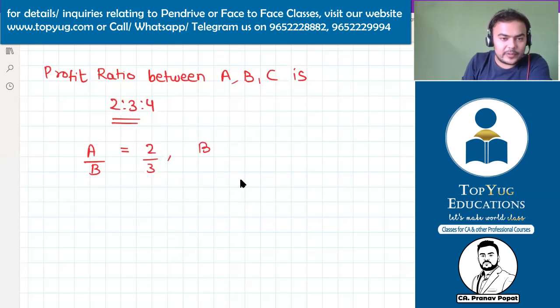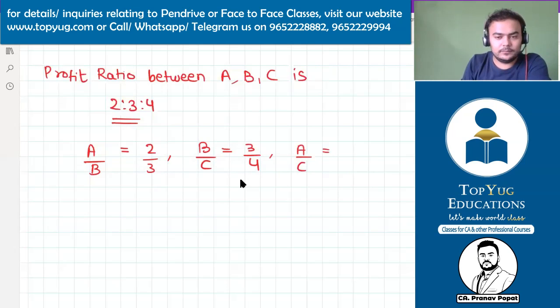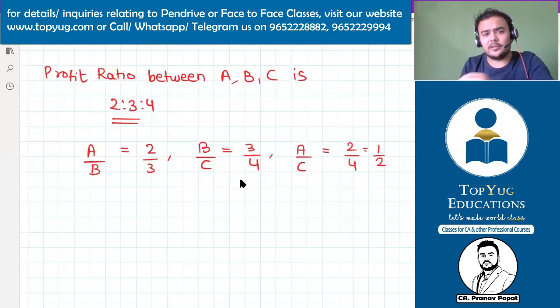What is the ratio between B and C? It is 3 by 4. And what is the ratio between A and C? It is 2 by 4 or 1 by 2. The same thing. That is the interpretation of continued ratio.